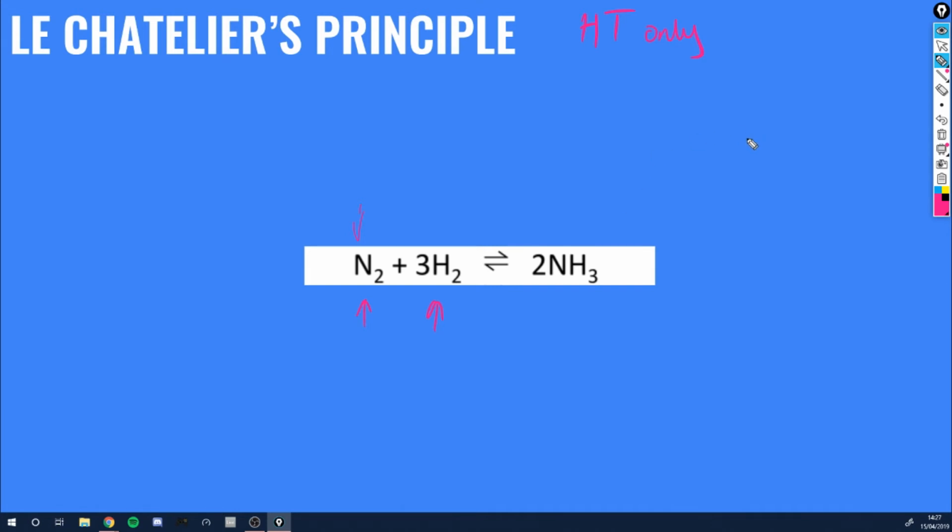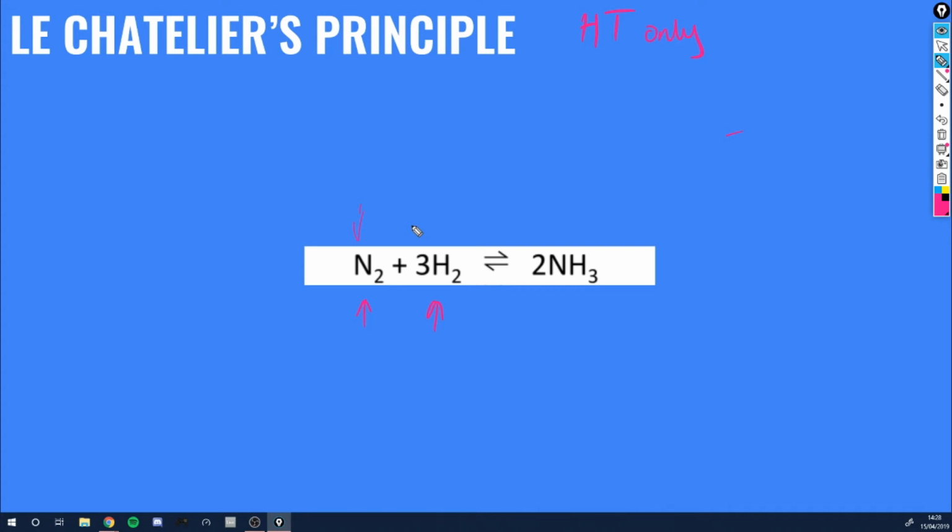Now, if you decrease the concentration of one of these reactants, or increase the concentration of the molecules of the product, the equilibrium will shift so that more reactants are formed. So that's for concentration and temperature.